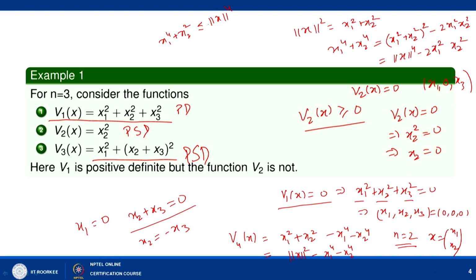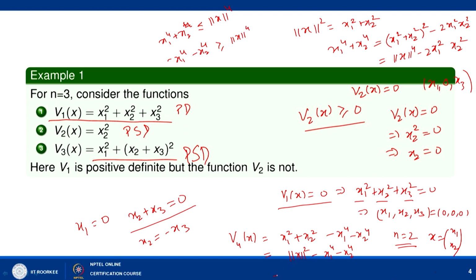We are subtracting some non-negative value to get x1 to the power 4 plus x2 to the power 4. So, it means that x1 to the power 4 plus x2 to the power 4 is less than or equal to norm of x to the power 4. So, minus x1 to the power 4 minus x2 to the power 4 is greater than or equal to minus norm of x to the power 4 here.